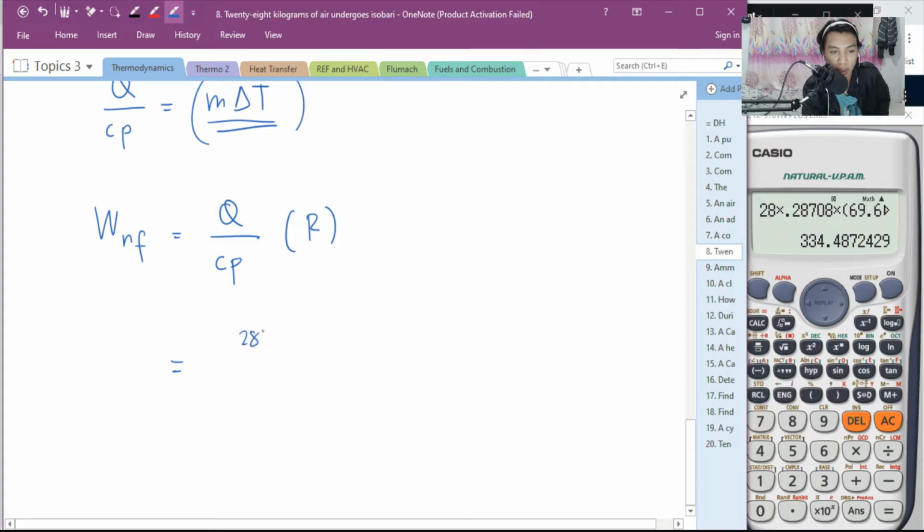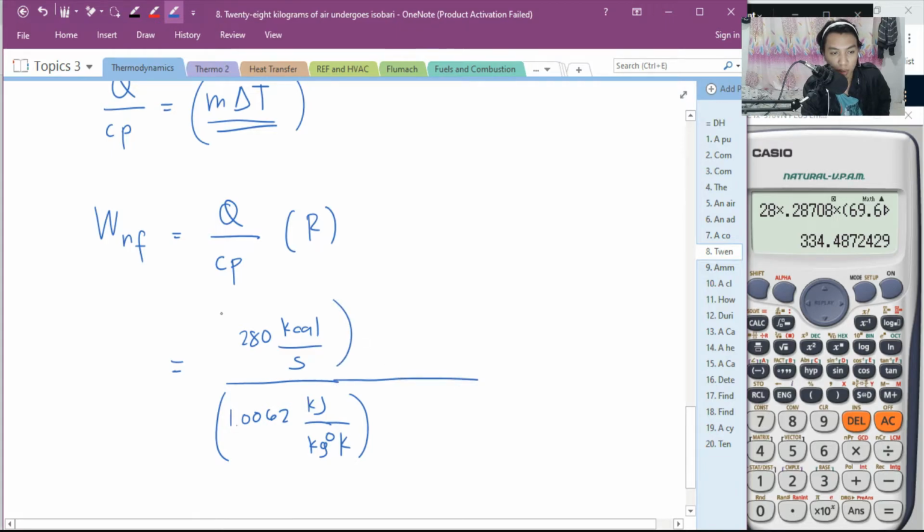I-divide mo ng Cp, 1.0062 kilojoule per kilogram degree Kelvin. I-convert mo to, multiply mo ng conversion niya, 4.187 kilojoule per kilocalorie. And then, i-multiply mo ng R ng air, 0.28708 kilojoule per kilogram degree Kelvin.